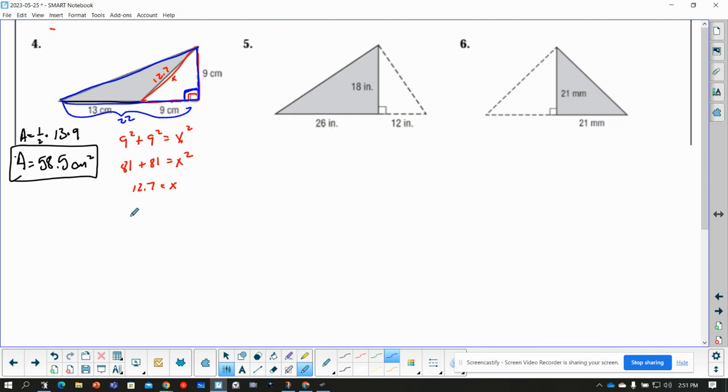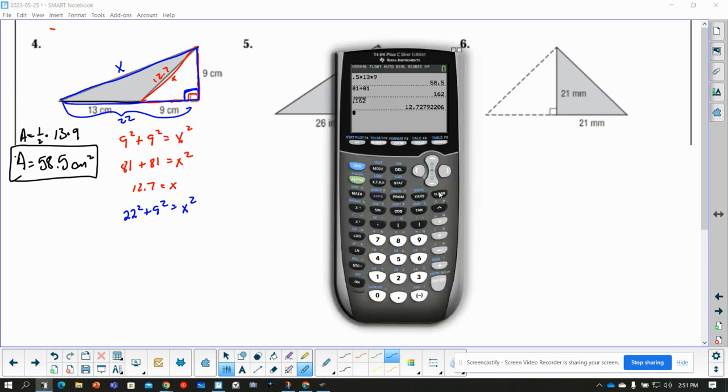So we're going to do the Pythagorean theorem again, 22 and 9. The blue x will be this side squared. So 22 squared plus 9 squared is 565.